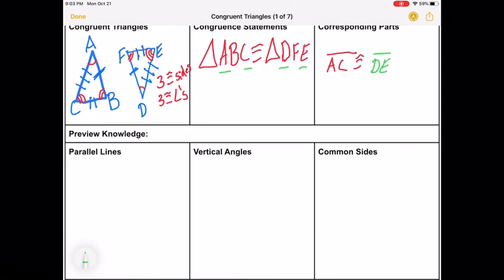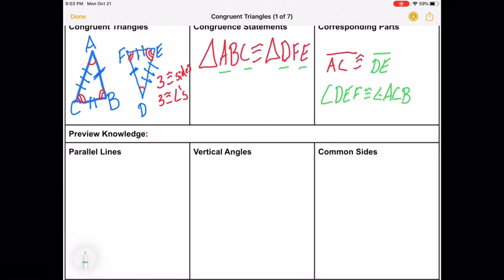Or if you look at an angle, angle DEF is congruent to angle ACB. Sorry, I missed that. So you could do it that way for corresponding parts.